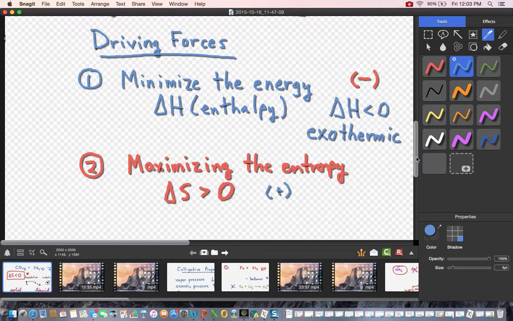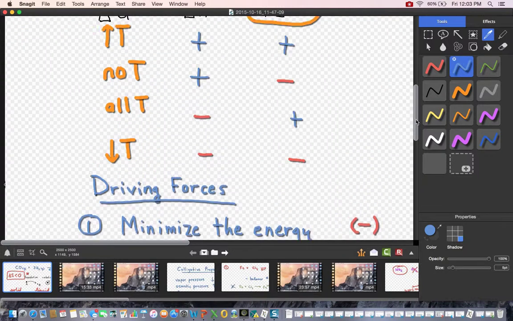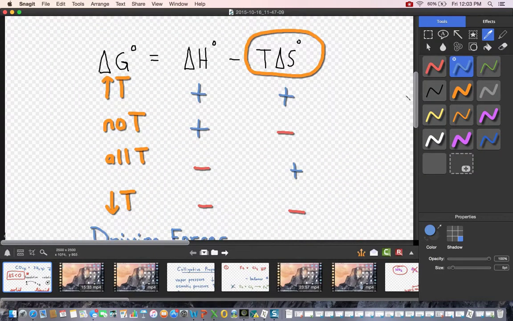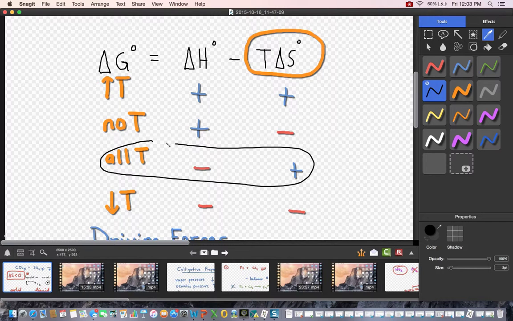I want you to notice that when both driving forces are present, we're describing the third condition, the reaction will always be spontaneous. That doesn't tell us anything about speed. It tells us that we will have a greater than 50% conversion of reactant to product.